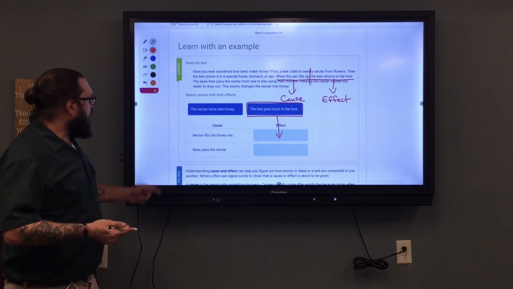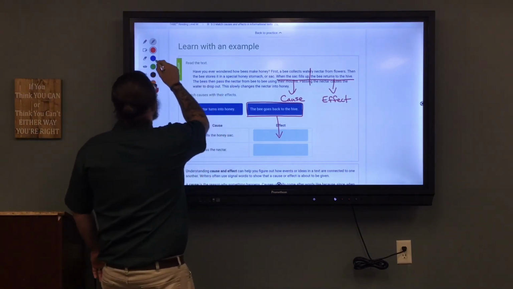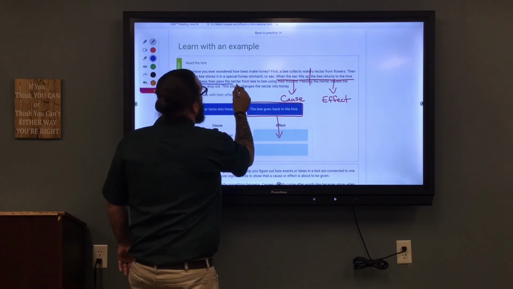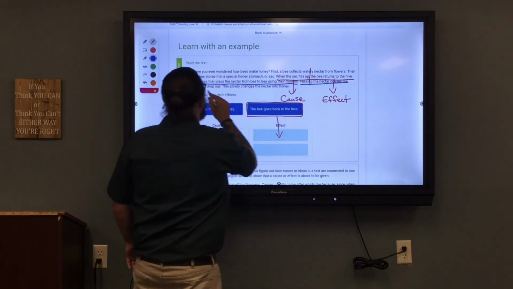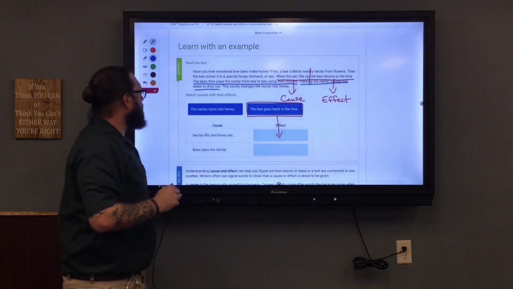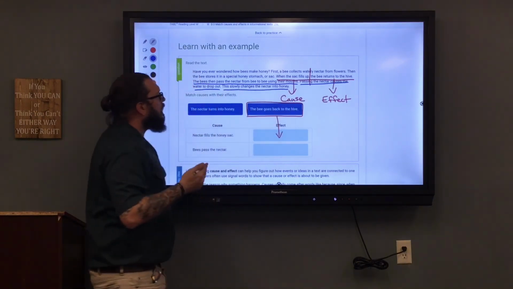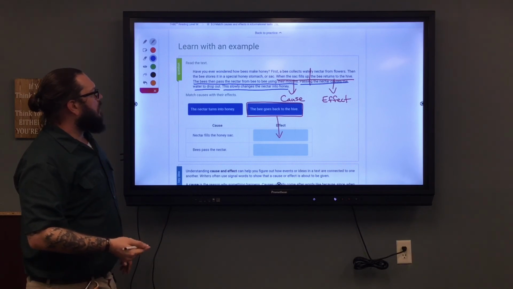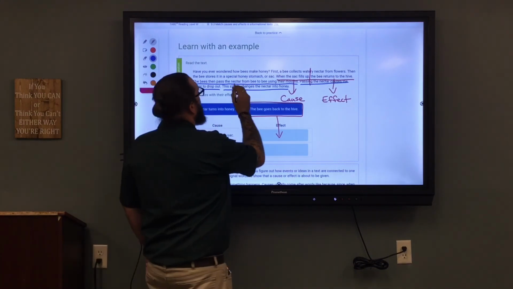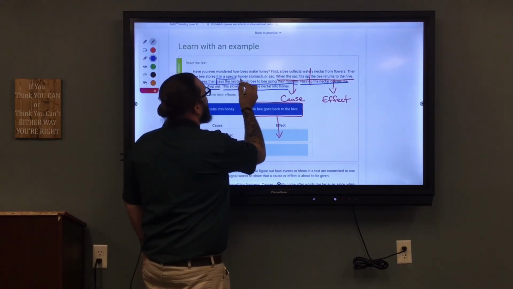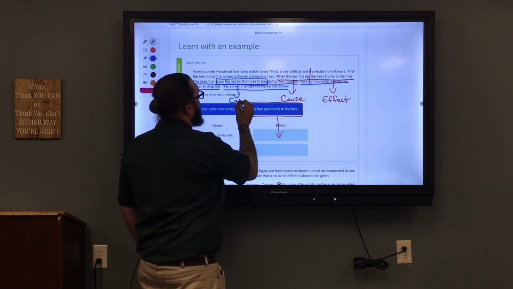Now, the next cause, bees pass the nectar. So we're told the bees then pass the nectar from bee to bee using their mouths, and then passing the nectar causes the water to drop out. This slowly changes the nectar into honey. All right, so what is the cause? According to the passage, passing the nectar from bee to bee is our cause.